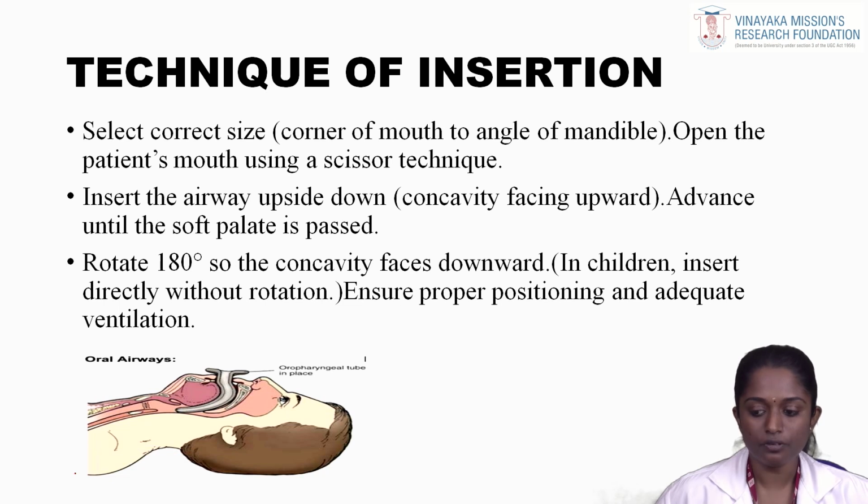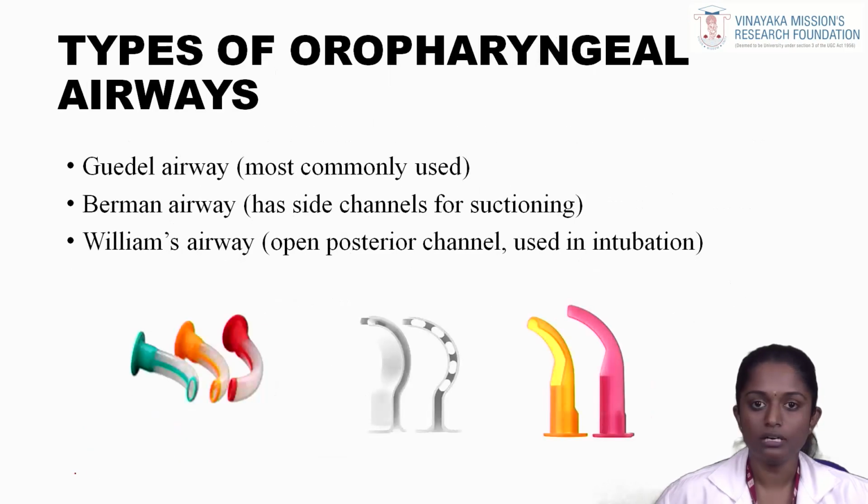Insert the airway upside down and advance until the soft palate is passed. Then rotate it 180 degrees so that the concavity faces downwards. Ensure proper position and give proper ventilation to the patient. Now the types of oropharyngeal airway: we have three types, Guedel's airway, Berman's airway and Williams airway, but the most commonly used is Guedel's airway.